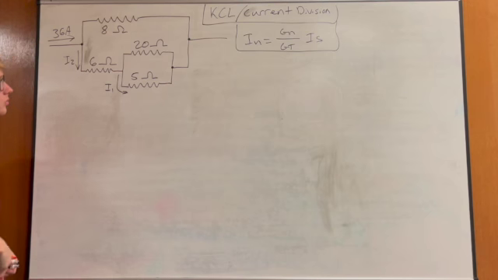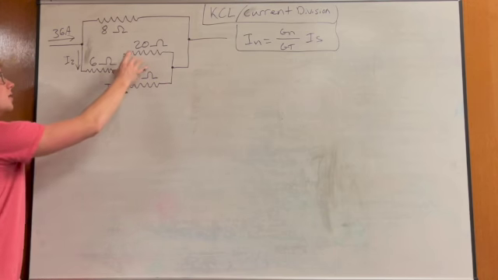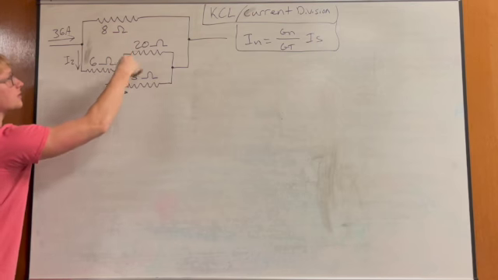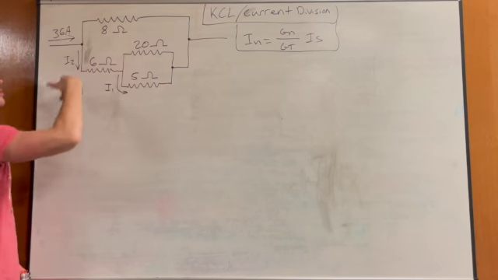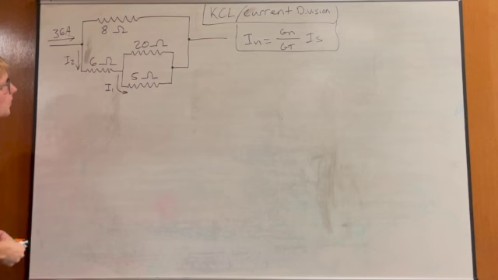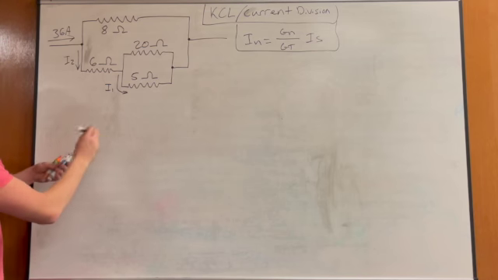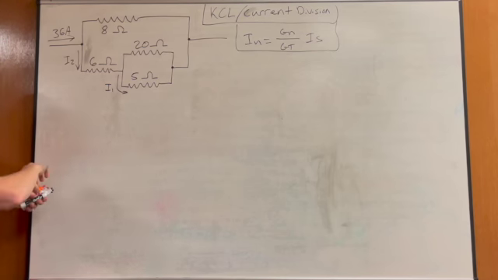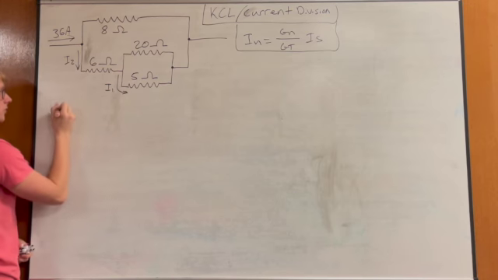And so what we're going to do is find the resistance of this side and compare it to the resistance of that side. The equation we're going to use for I2 is what we're going to do first.